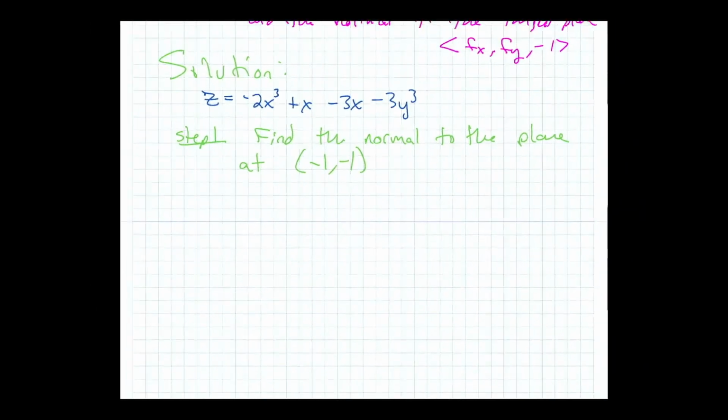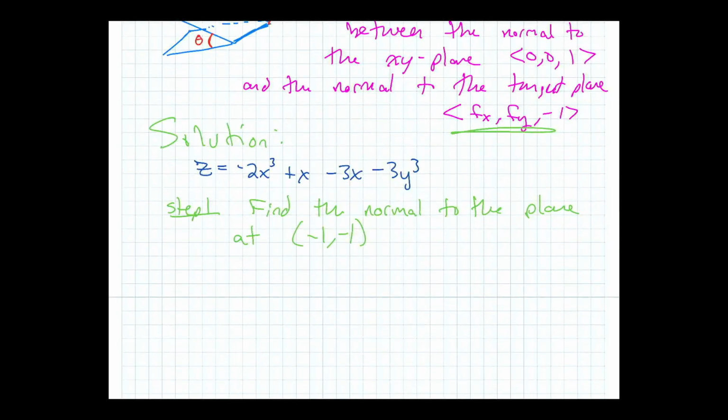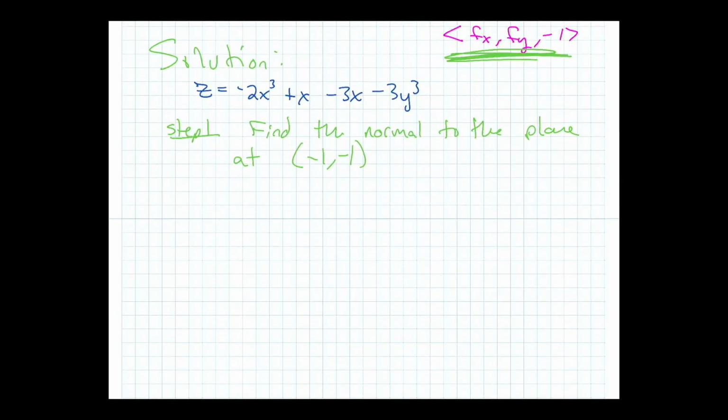So we know that the normal vector to the plane is calculated this way. We need those derivatives. So find fx and fy. Now, nothing's called fx and fy, so if you want, you could call them the partial of z with respect to x and the partial of z with respect to y, right?